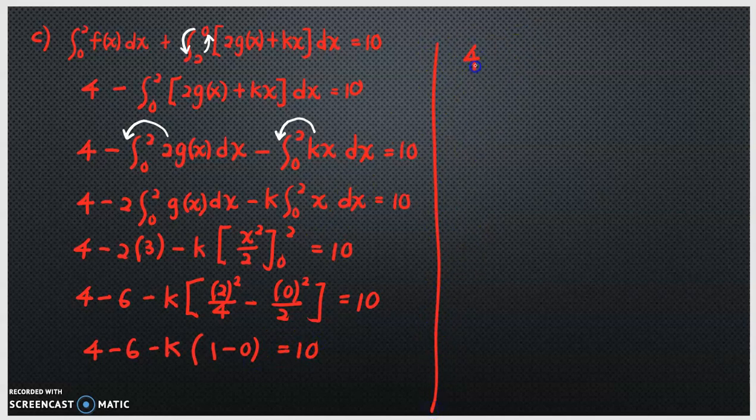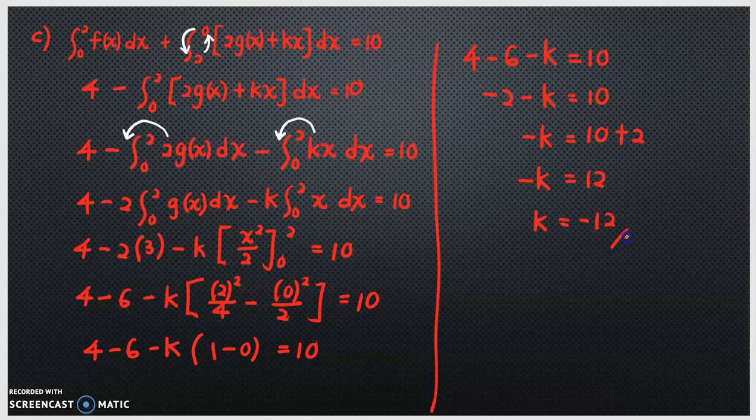Finally, 4 minus 6 minus k times 1 is equals to 10. So from here, 4 minus 6 is negative 2 minus k is equals to 10. So negative k is equals to 10 plus 2. I move negative 2 to the right hand side. Negative k is equals to 12. k is equals to negative 12. So here is the answer for question C.